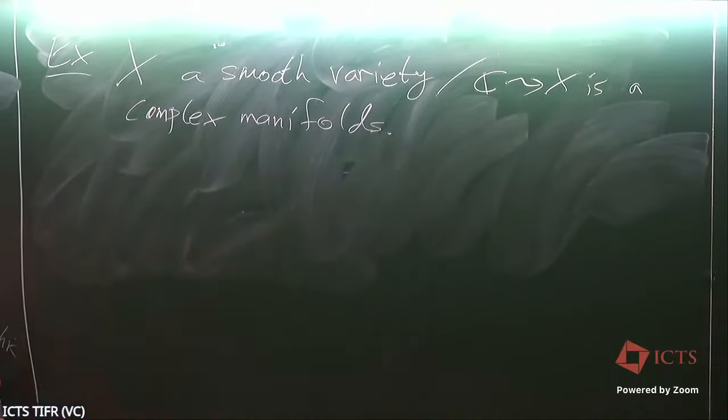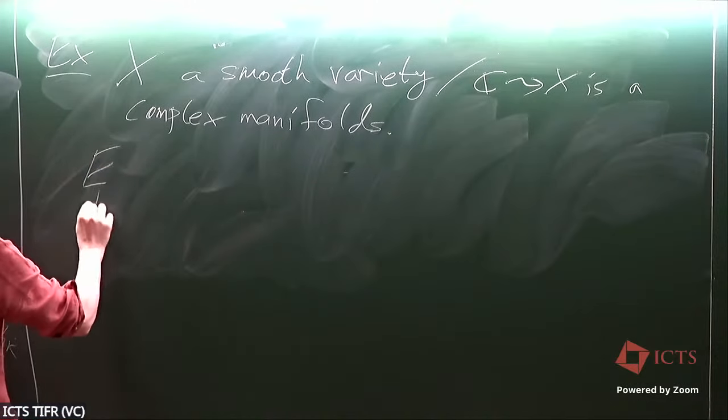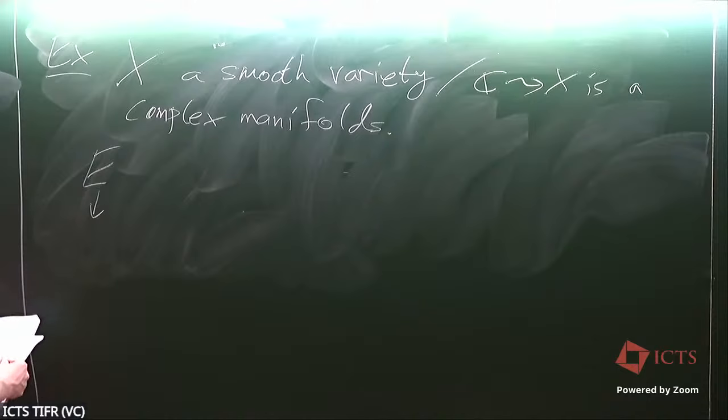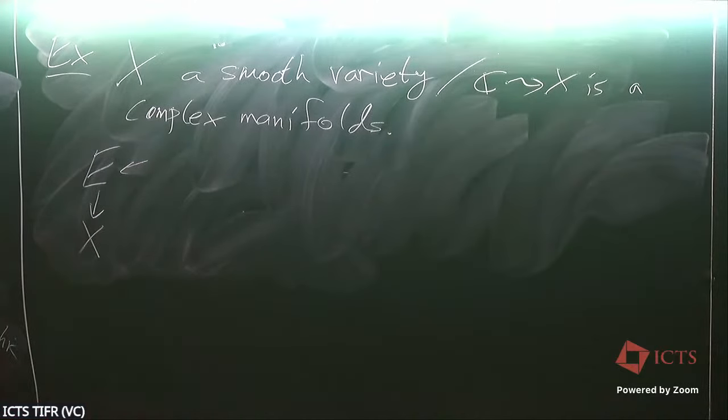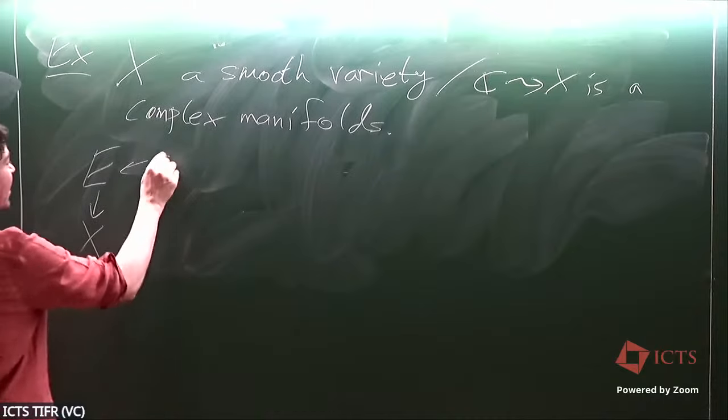For example, the disk in C is certainly not an algebraic variety. And similarly, there are also compact complex manifolds that are not algebraic varieties. Okay, the main object will instead be vector bundles, so E over X. As in the definition of a smooth vector bundle, the total space E is a complex manifold.